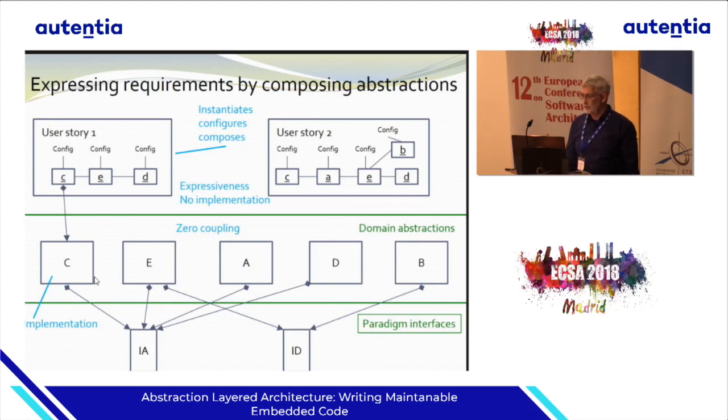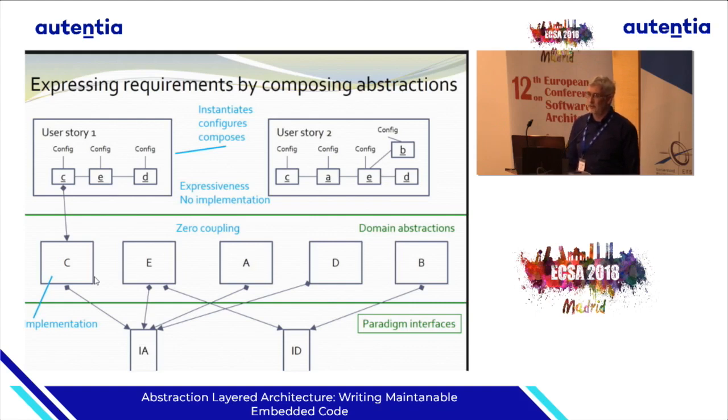And to enable the instances in the user stories to actually communicate, they use what I call, well, they're very abstract interfaces. So they're not interfaces that are particular to any pair of abstractions. They're abstract interfaces. I call them paradigm interfaces because they roughly correspond with what we think of as programming paradigms.